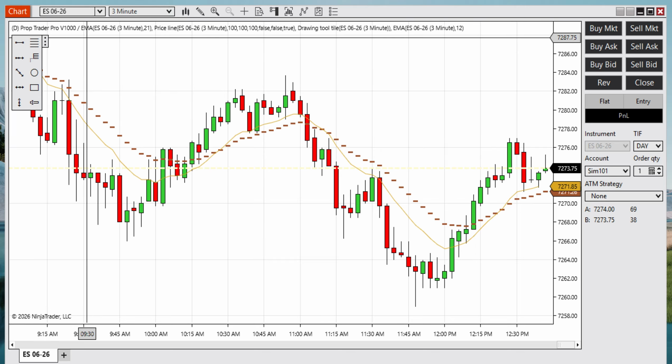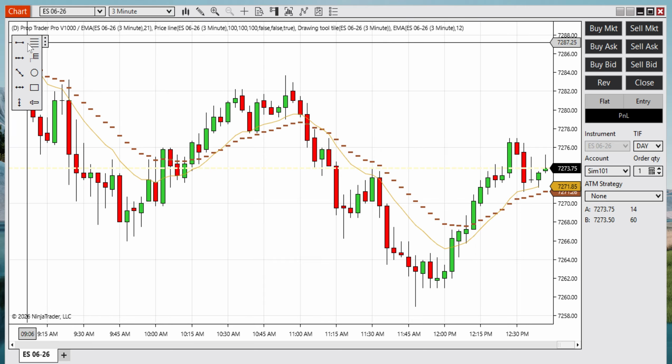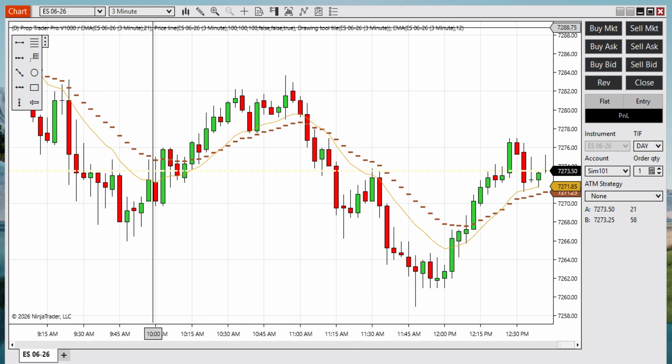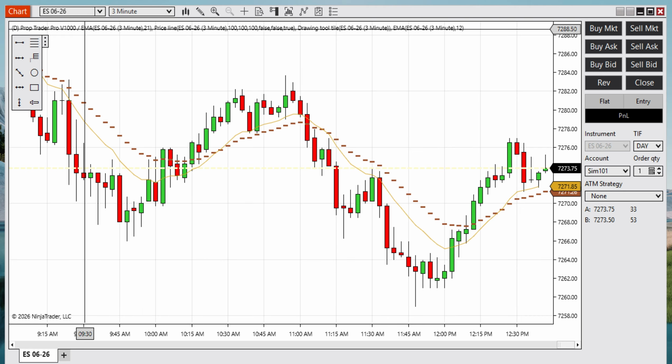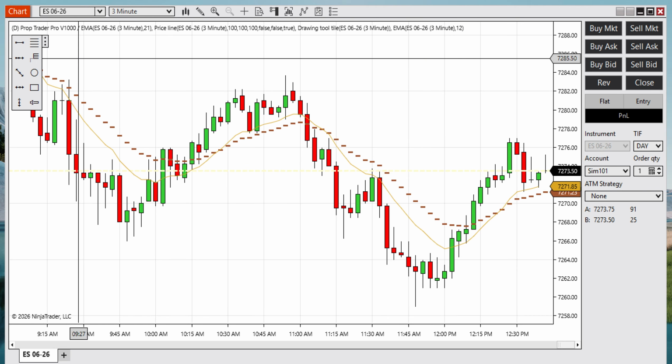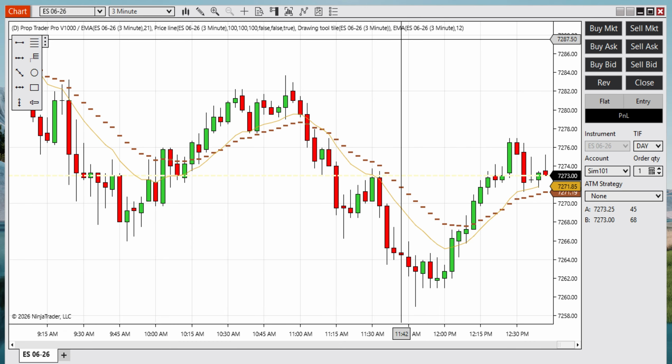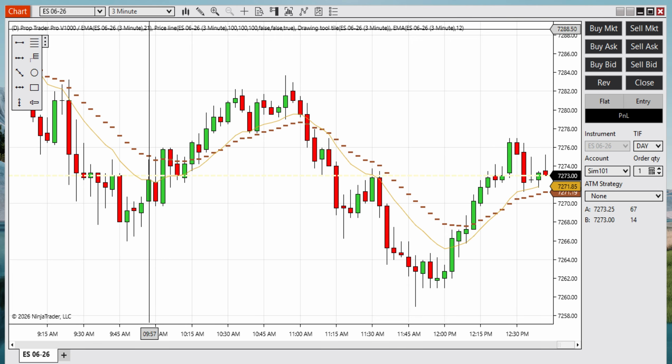So these are all the different tools and indicators I have loaded. One is called price line, one is called EMA. I have two EMAs, one called slow and one called fast. And I have a drawing tool here, and then I have one more EMA here. Okay, this is 12 and this is 21. Those are my two.